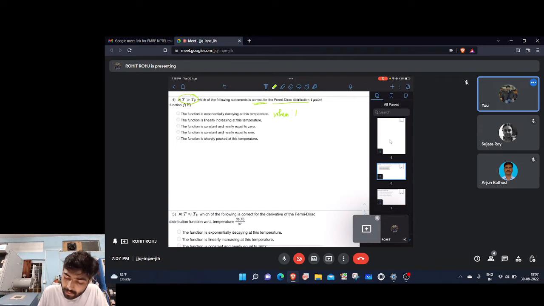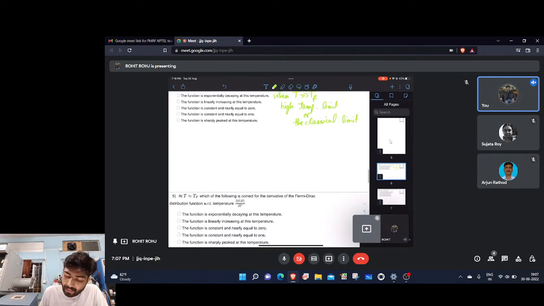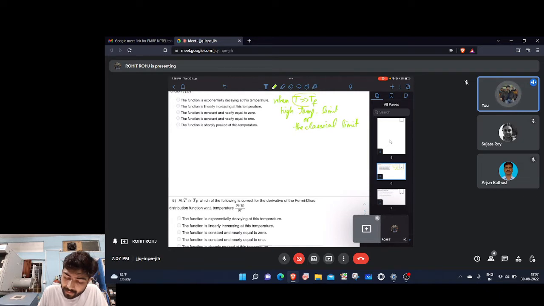So when T is extremely large compared to TF, we can assume that this is actually the high temperature limit or the classical limit, right? And since T is larger than TF, but T is not infinity.